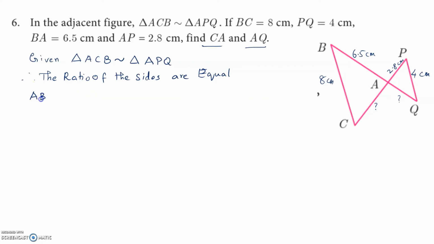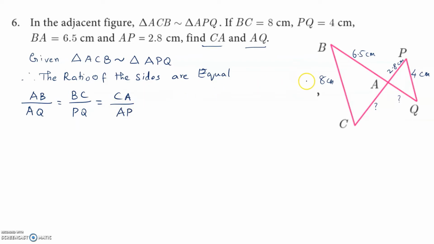AB by AQ is equal to BC by PQ is equal to CA by AP.